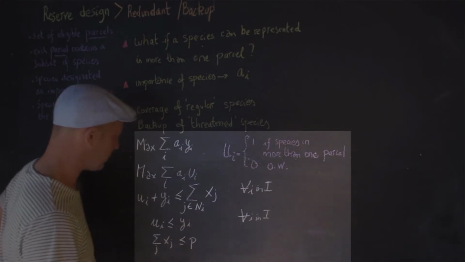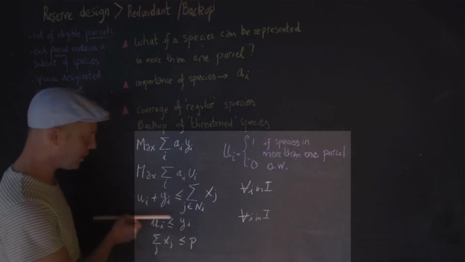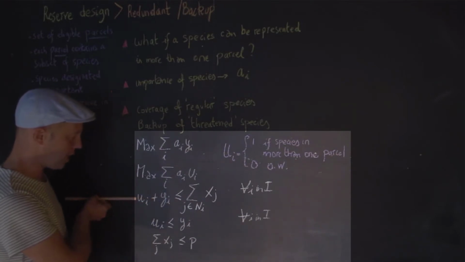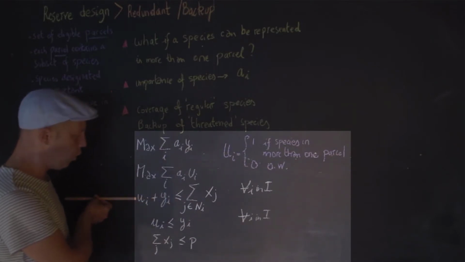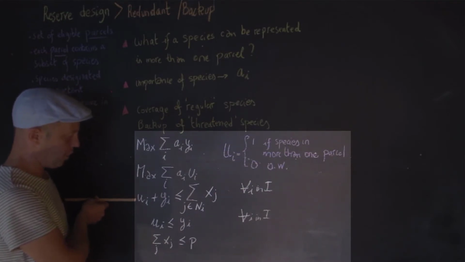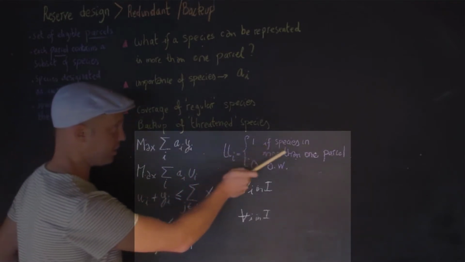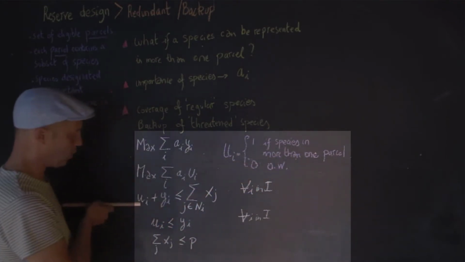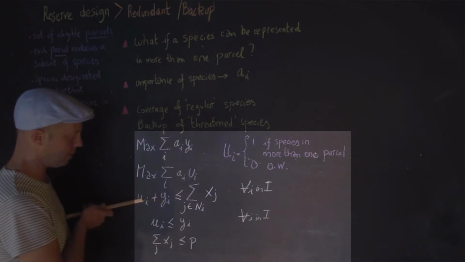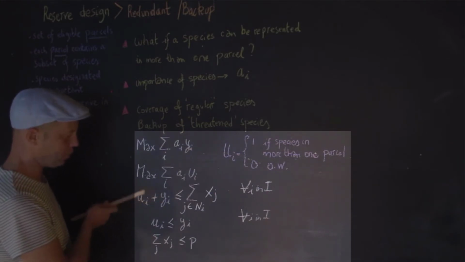Subject to a few constraints, of course, we are going to say here that there should be a certain number of parcels such that either backup coverage or regular coverage is guaranteed. So, for instance, if U sub I, if a species is in more than one parcel, is equal to 1, okay? This is also going to be equal to 1 because if it's backup coverage, it must be covered. So this should be equal to 2, right?